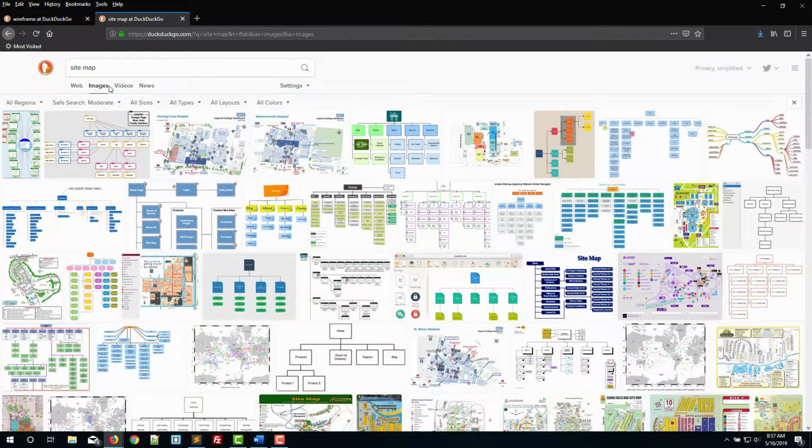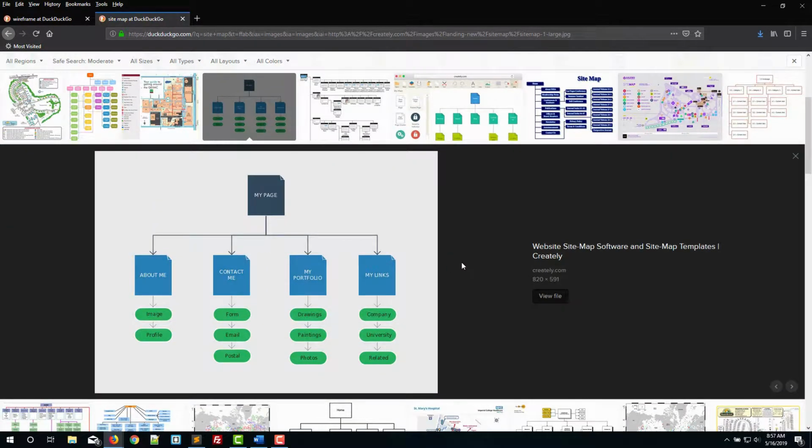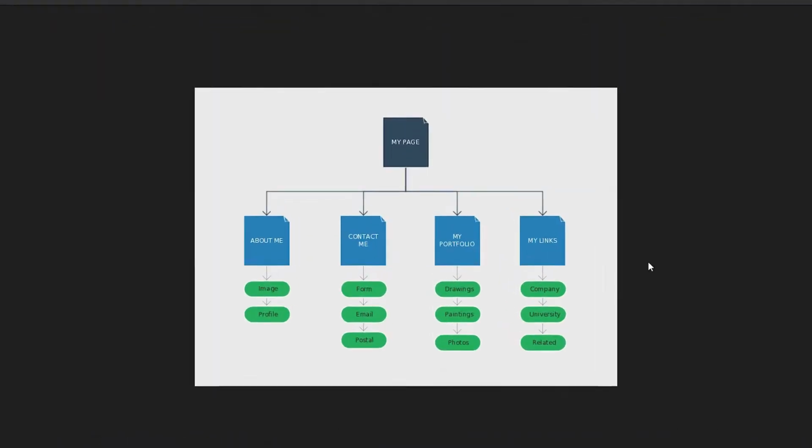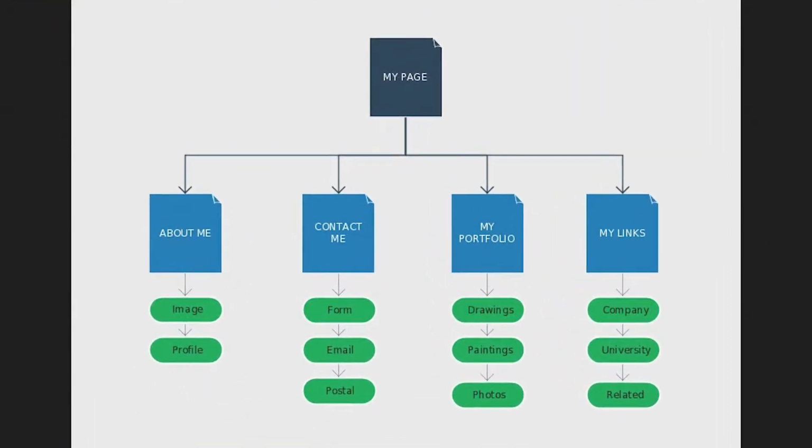Now, another term that you want to become familiar with is the idea of a sitemap. Here is an image of what a sitemap might look like, and this is how the navigation of the website breaks down. So when you go to the first page, it's called My Page, then on the top primary navigation, you would see these 4 different pages: about me, contact me, my portfolio, my links.